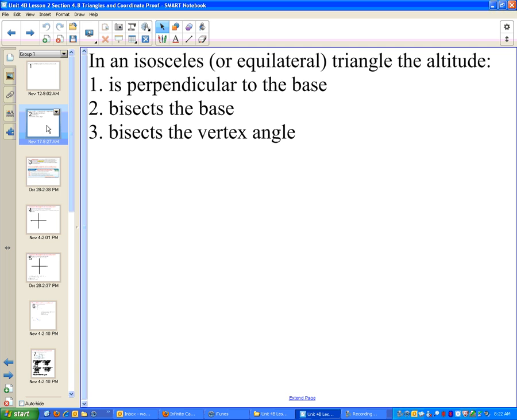Now, something you need to know about isosceles triangles. The altitude of a triangle is a segment that starts at a vertex and is perpendicular to the opposite side. So all triangles have altitudes. Okay?